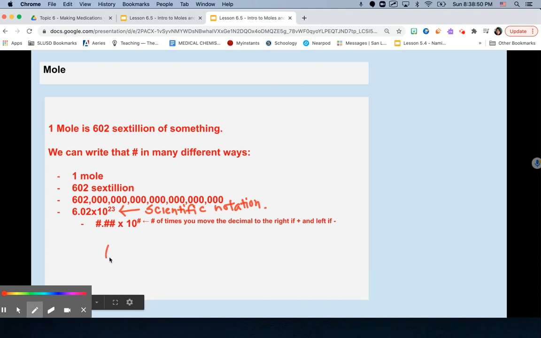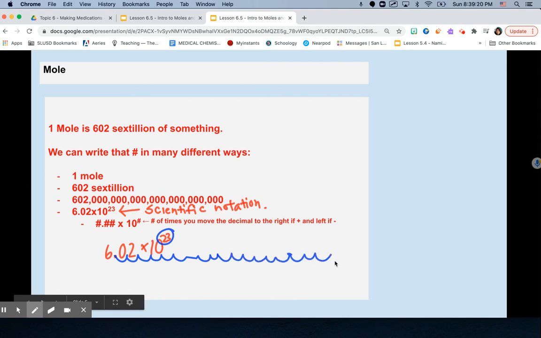Let me show what I mean by that. 6.02 times 10 to the 23rd. I'm going to take this number 23 and move the decimal 23 spaces to the right. 1, 2, 3, 4, 5, 6, 7, 8, 9, 10, 11, 12, and on up through 22, 23.